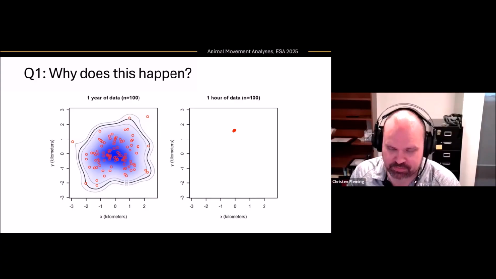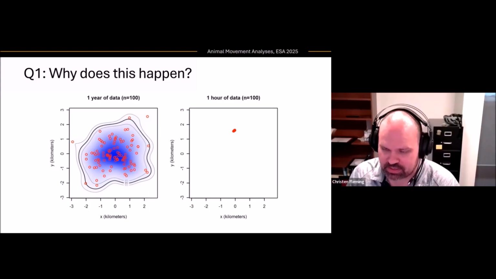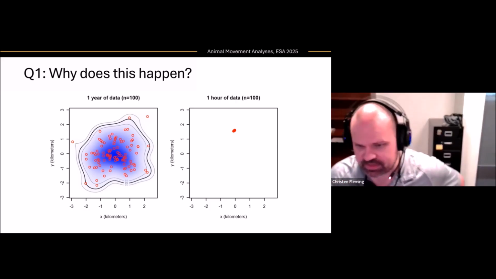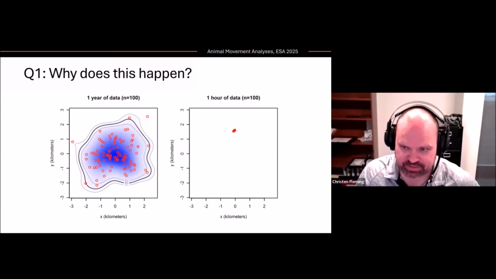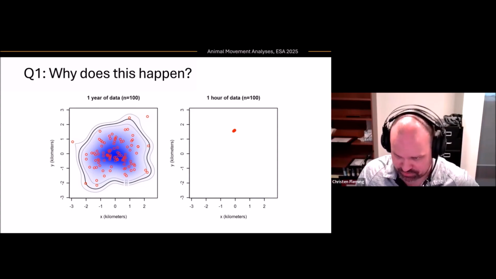So between every pair of points in time, the animal crosses this range a couple of times. It's pretty much in a completely different place, and there's not very much autocorrelation. And this kernel density estimate on the left, which assumes there's no autocorrelation, is not that bad. It's pretty good. This is about what the animal's true home range is, which I know because this is simulated.